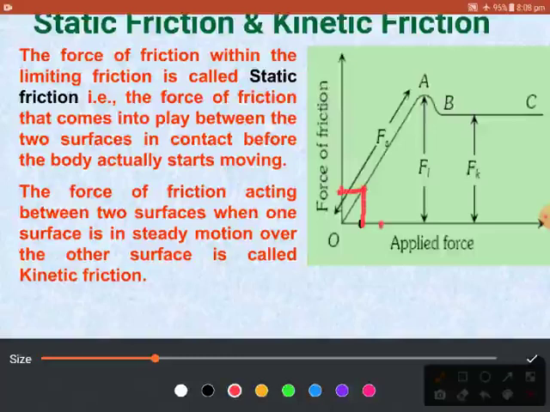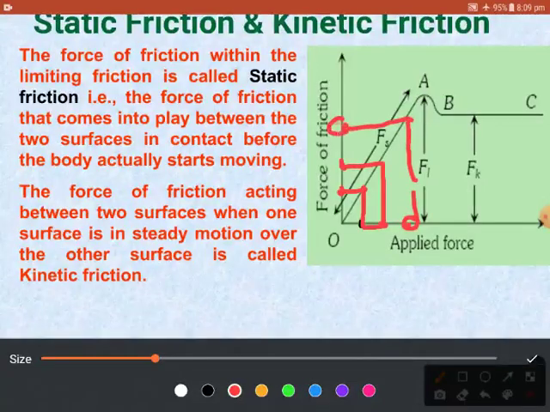If your applied force increases from here to here, your force of friction will also increase from here to here, like this. So if you keep on increasing the applied force, the corresponding force of friction will also increase.